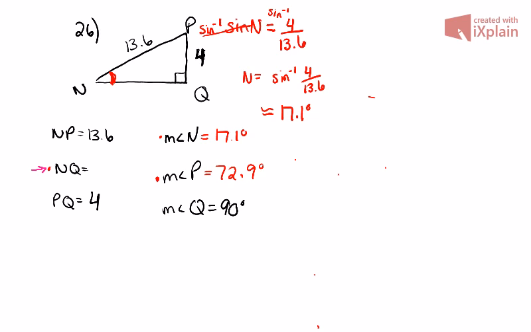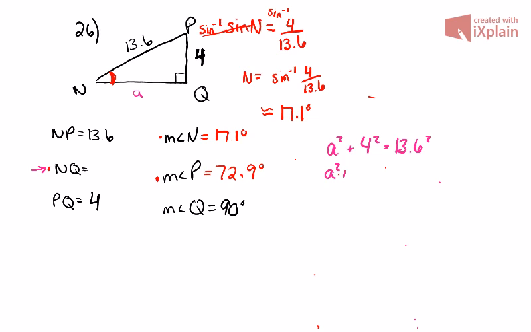I can use my trig ratios if I so desire, or I can just use Pythagorean theorem, which is what I'm going to do. So I will say that, let's say that this side here is little a, just for fun, and I can say that a squared plus 4 squared is equal to 13.6 squared. And I will just solve this equation for a.